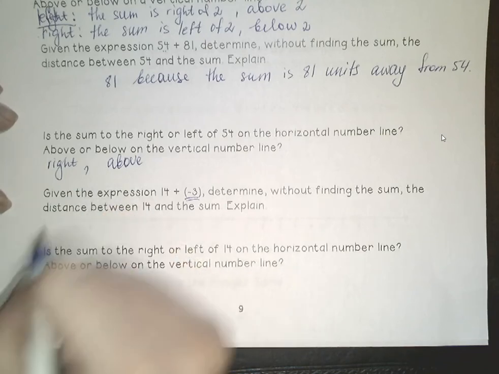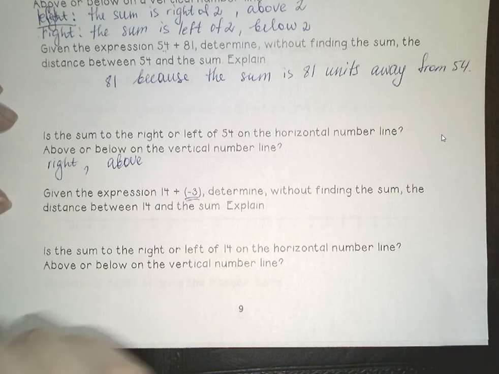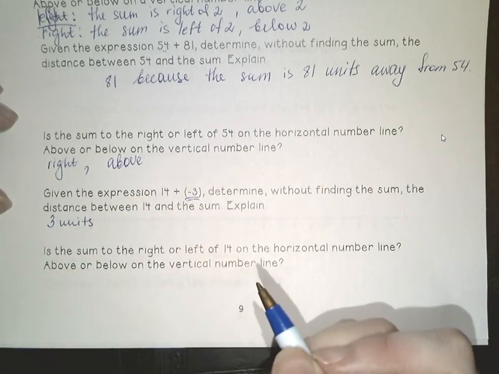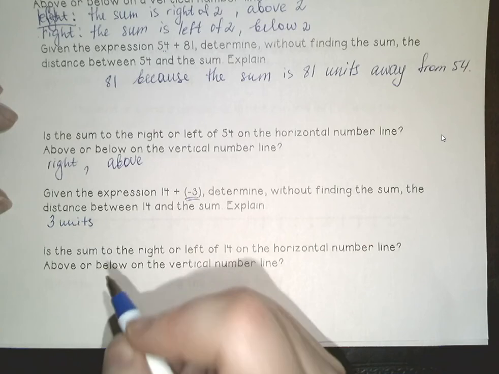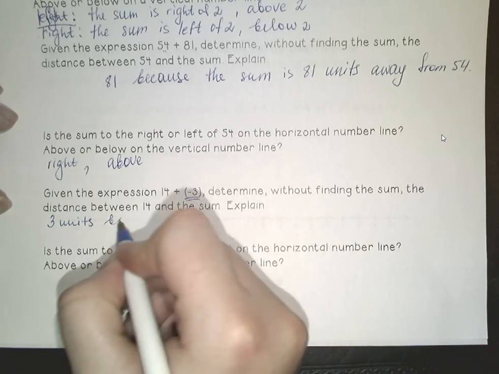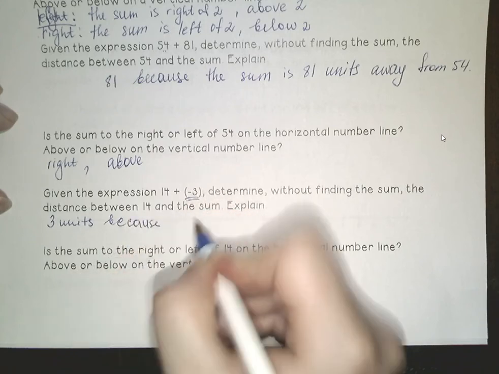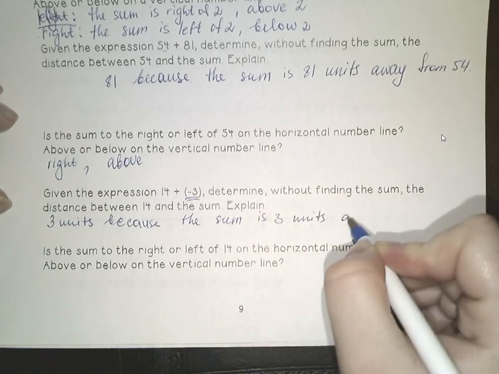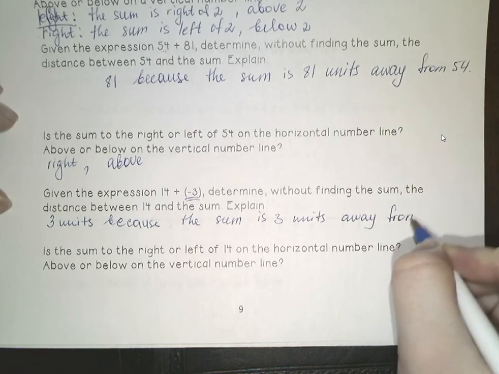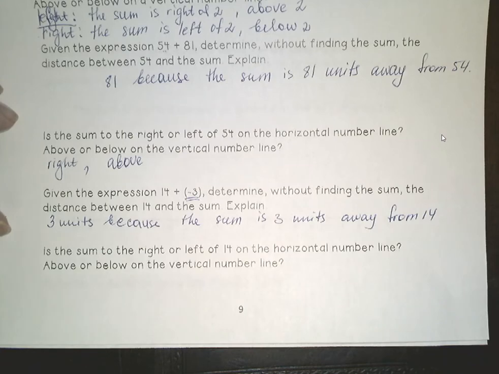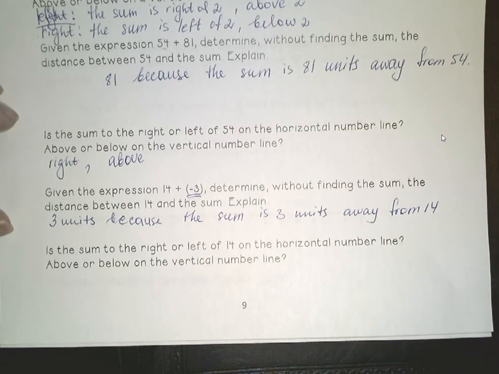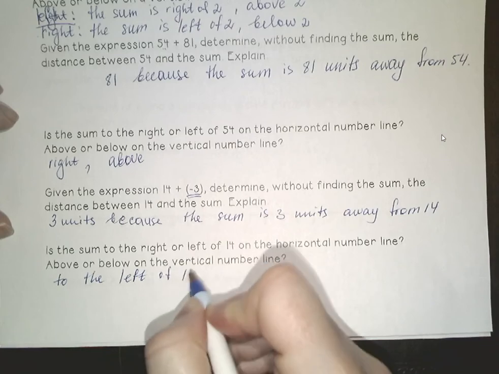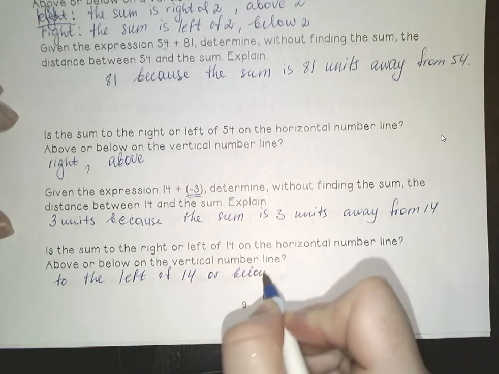So the distance between 14 and the sum will be 3 units, because the sum is 3 units away from 14, and as I explained already, it is to the left of 14 or below 14.